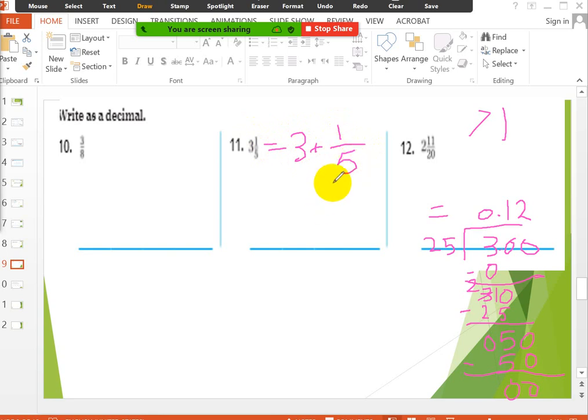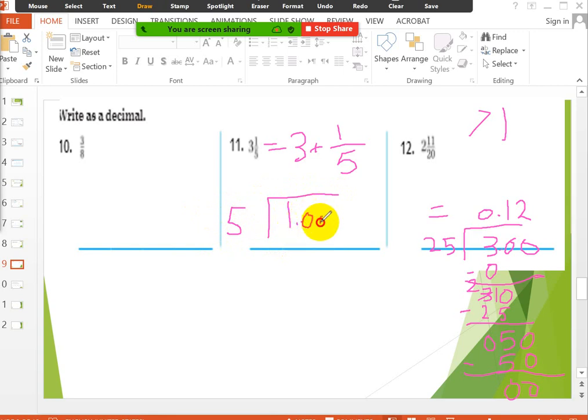So my issue is the 1 over 5, which is the number that will be written as a decimal number. So I have to divide 1 by 5.